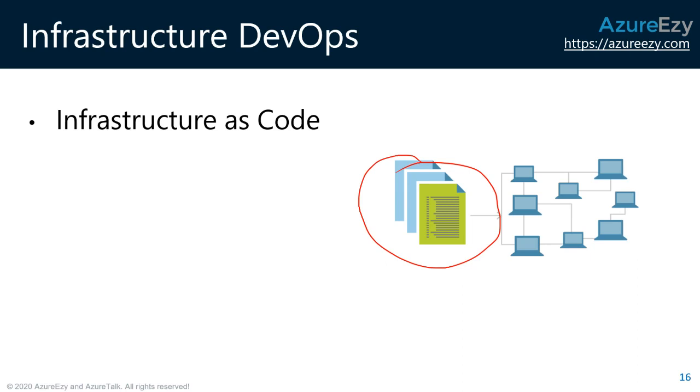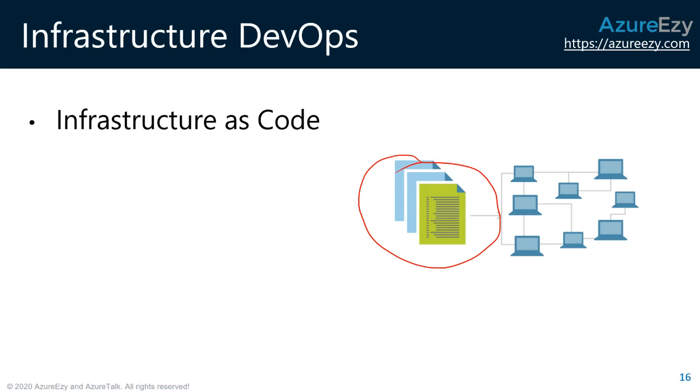What we are doing on the portal, creating a VM with so-and-so size, creating a network with so-and-so configuration, creating a storage account, creating a web app or whatever different services. Instead of going through the manual graphical user interface, why can't we do this using some script, some template? And that's what we call infrastructure as code.